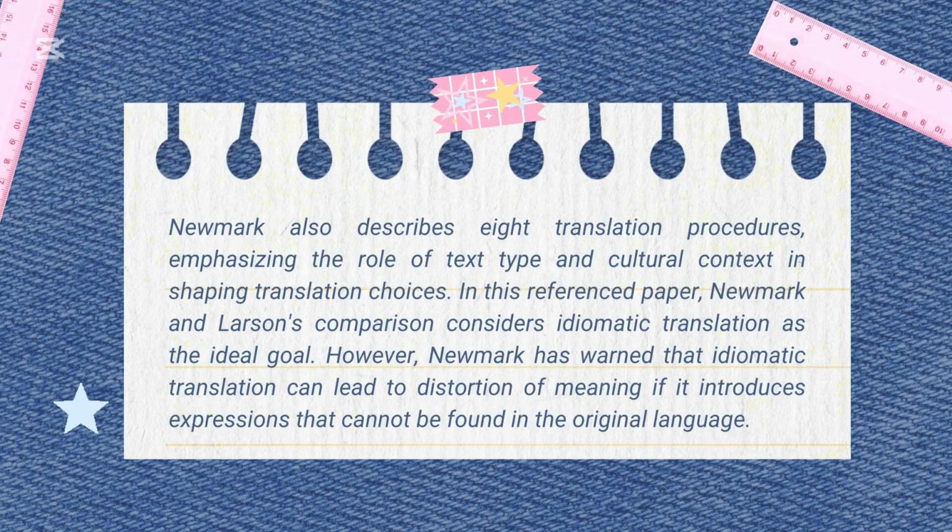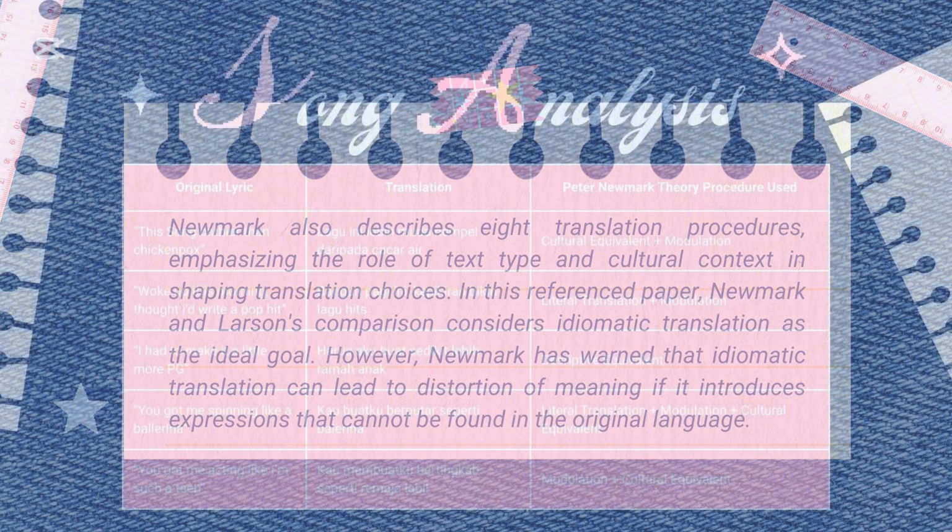Newmark outlines 8 translation procedures, highlighting the importance of text type and cultural context in translation decisions. While he and Larson view idiomatic translation as an ideal goal, Newmark cautions that it may distort meaning if it introduces expression not present in the original language.